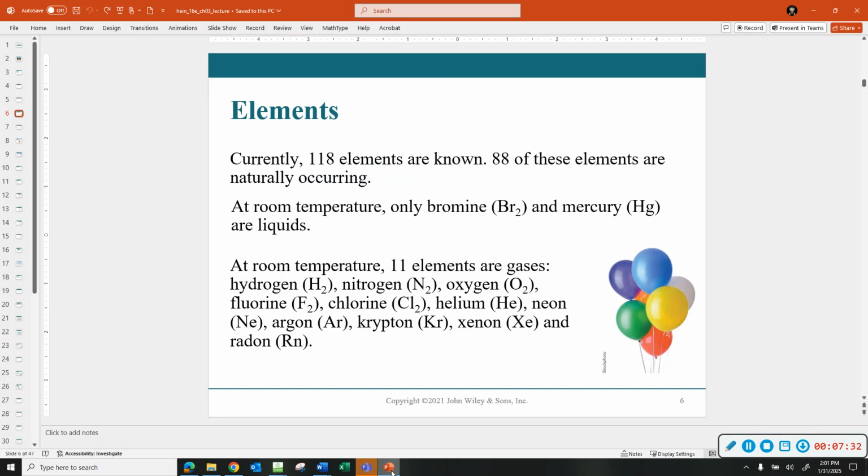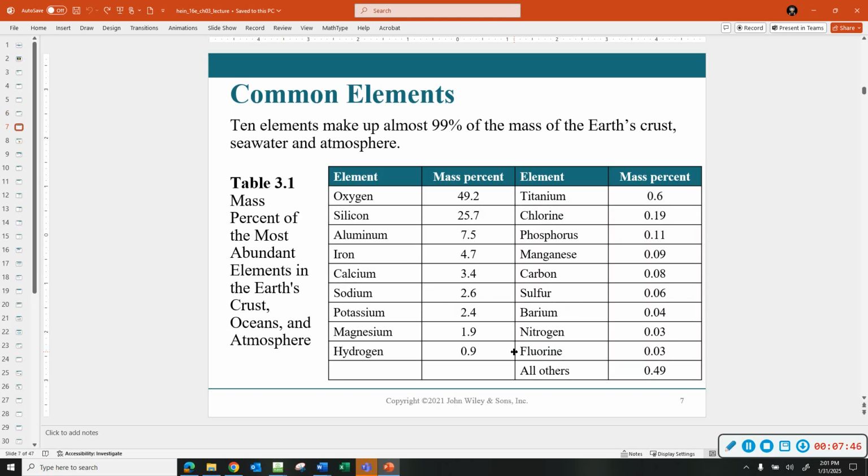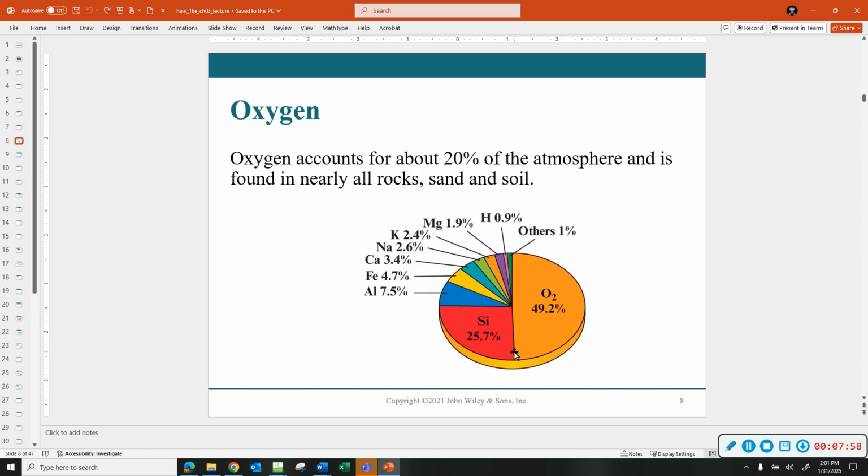All right, so please do know that there are 11 gases. At room temperature, all elements are solid except for the 2 liquids, bromine and mercury, and the 11 gases. Here are some common elements, but again, you do not need to memorize how much of each is in the Earth's crust. I'm not going to test you on that. That's not on the final. Now this one I've seen on the final sometimes, so I do put this on my test.